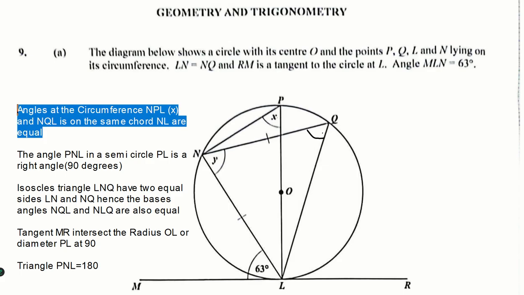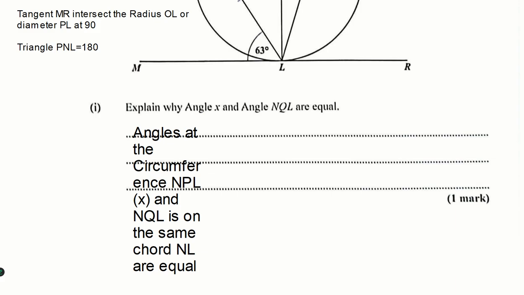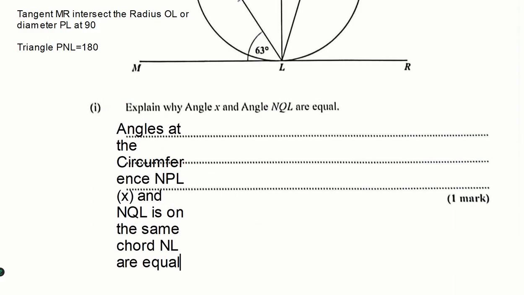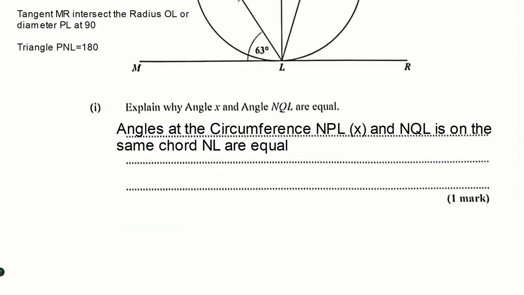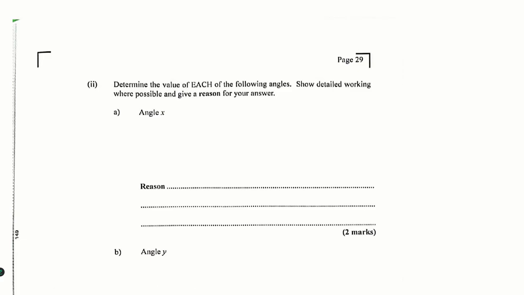I'm just going to copy and paste it right here. Then we have, let's zoom up. Determine the value of each of the following angles. Show detailed working where possible and give reasons for your answer.